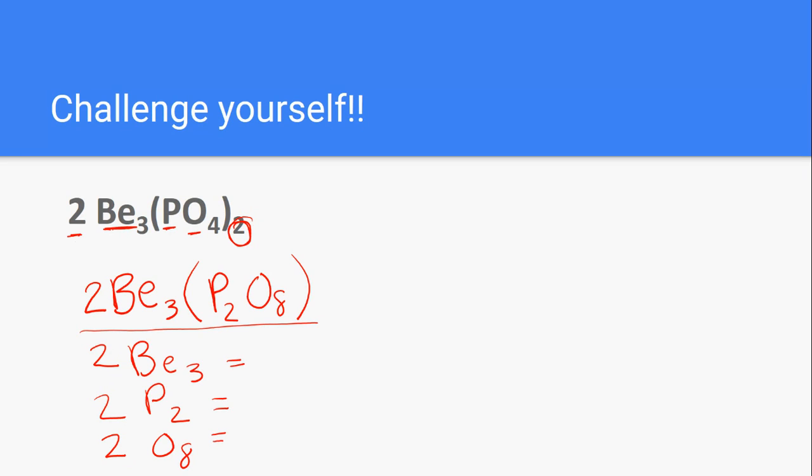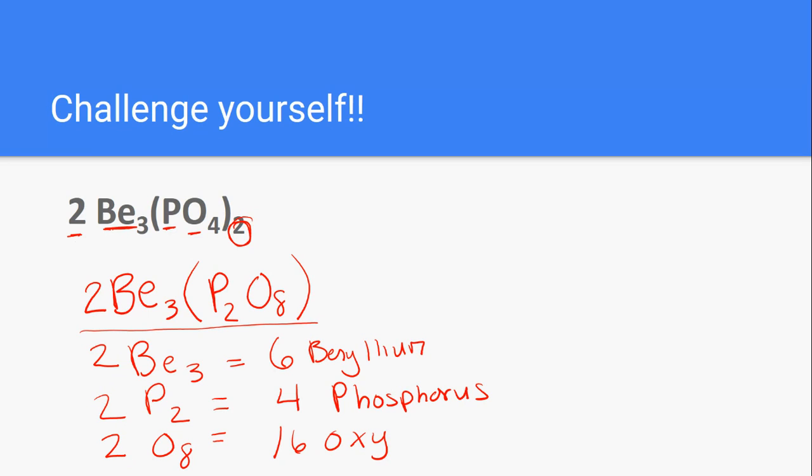So I'm going to say that I have 6 beryllium, I have 4 phosphorus, and I have 16 oxygen, for a grand total of 26 atoms.